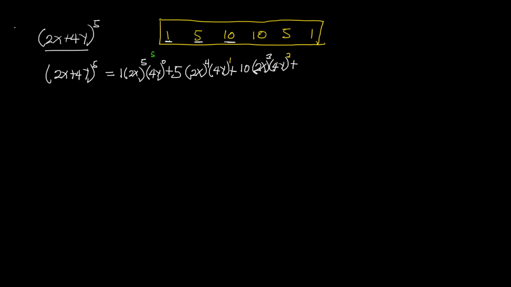Plus, the next coefficient is 10 times 2x raised to the power 2, multiplied by 4y raised to the power 3, plus the next coefficient is 5. So we take 5 times 2x raised to the power 1 multiplied by 4y raised to the power 4. And we take the last coefficient, plus 1 times 2x, and this time raised to the power 0, multiplied by 4y, and that is raised to the power 5.